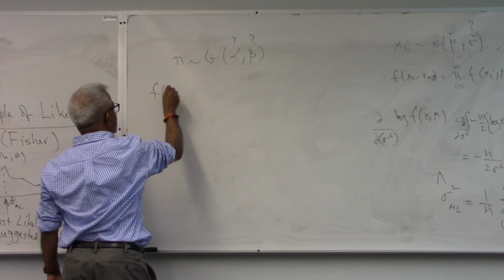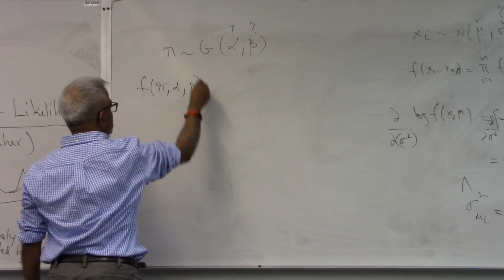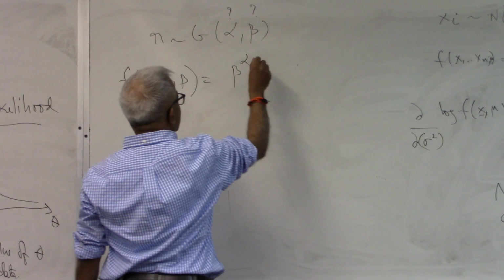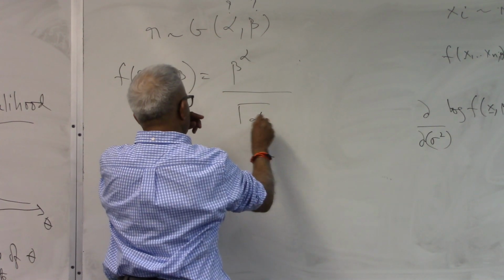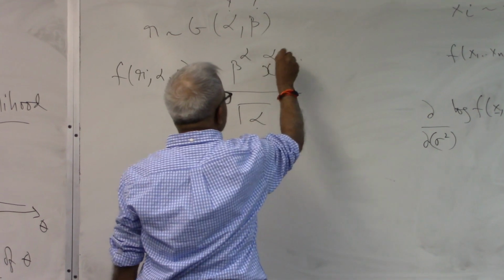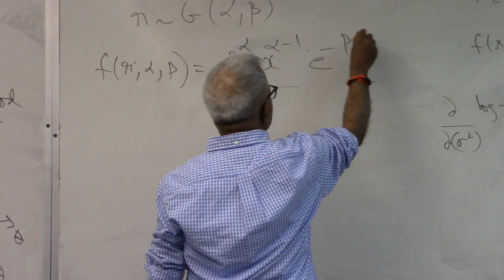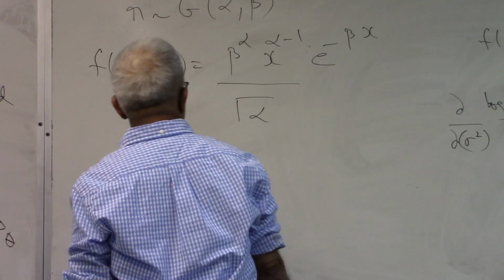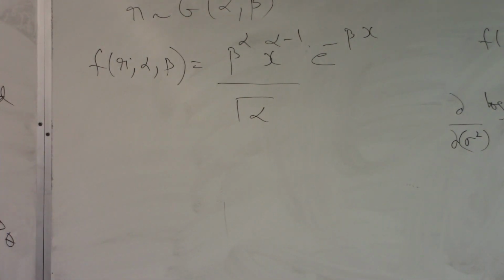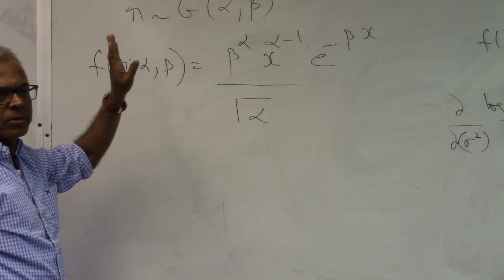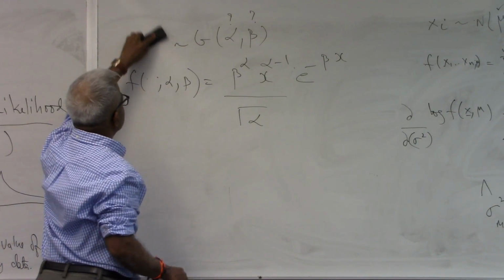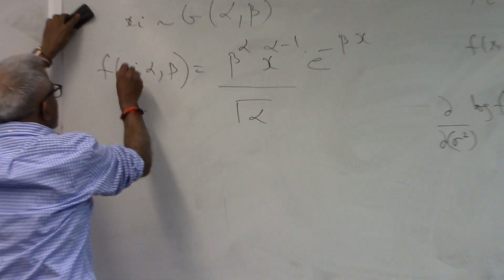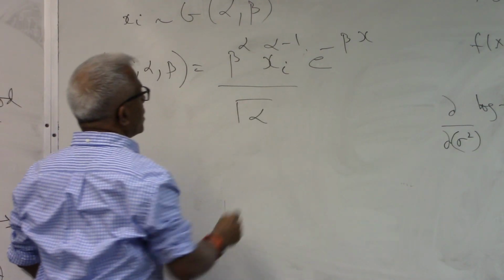So you have the joint density function. I think this is what it is, right? I'm just considering one parameter. I wrote it as X, so let's say these are Xi, and it is i.